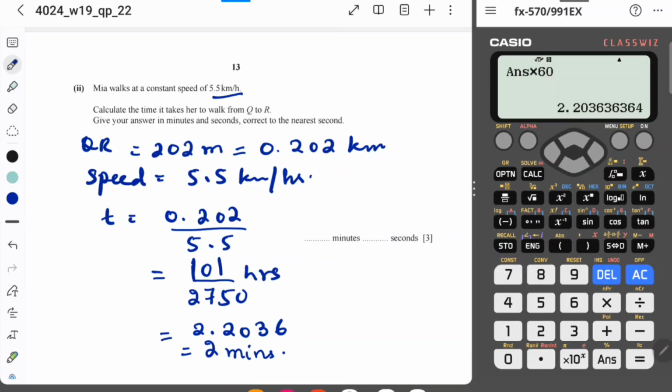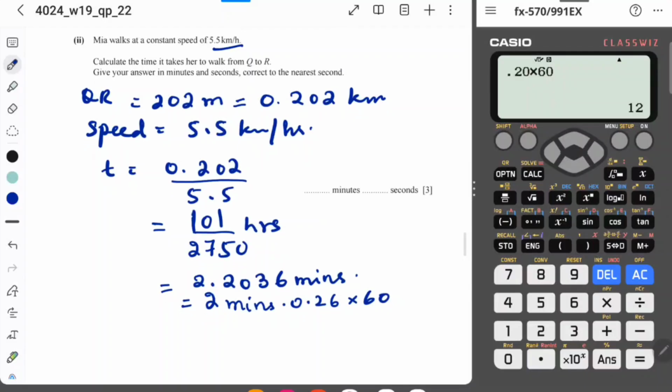So 0.20 times 60, because it was also in minutes. If you do that, you will get the number in seconds. So that is 2 minutes and 12 seconds.